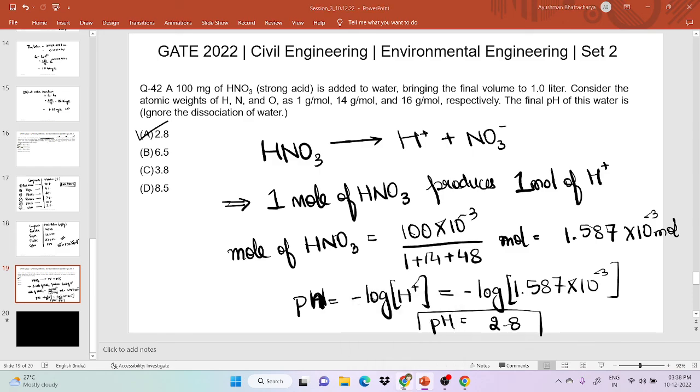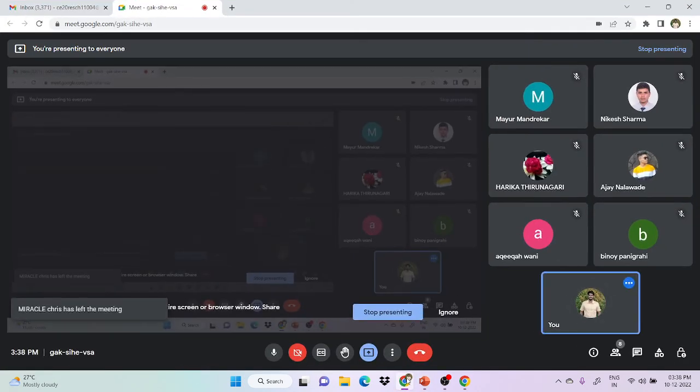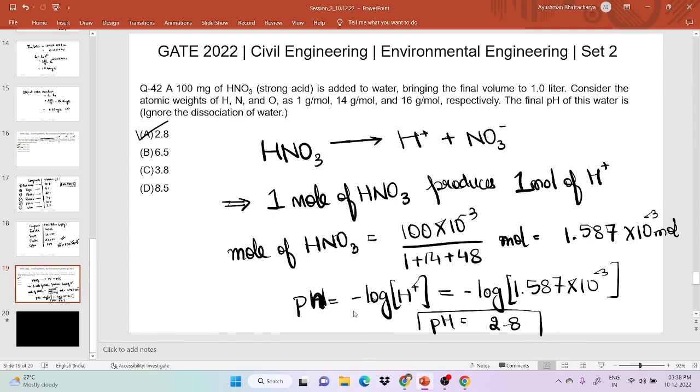Is this question clear? Does anyone have any doubt till now? I will explain this again. In this question they are asking: 100 milligram HNO3 is added to water, bringing the final volume to 1 liter, and the final pH.